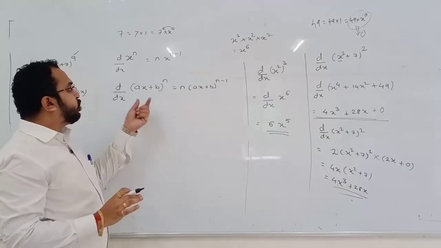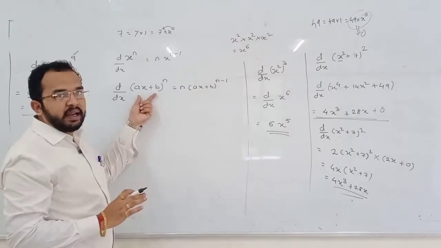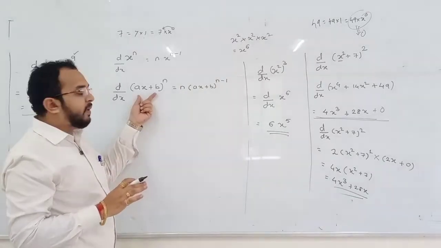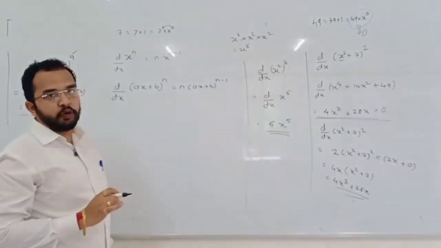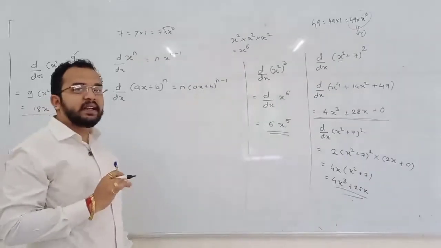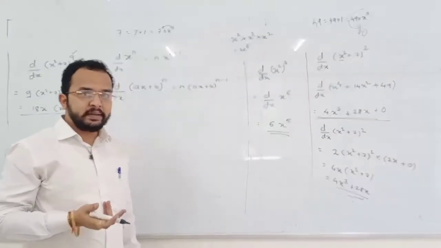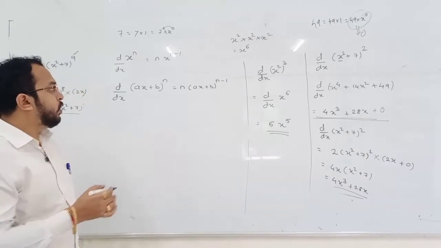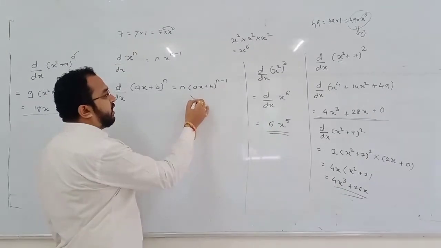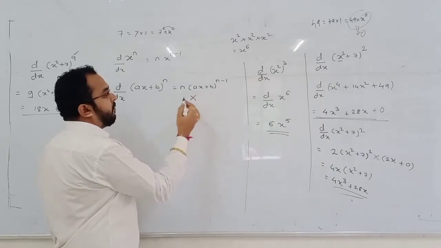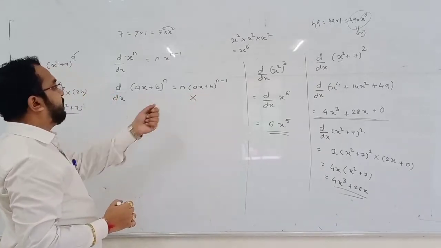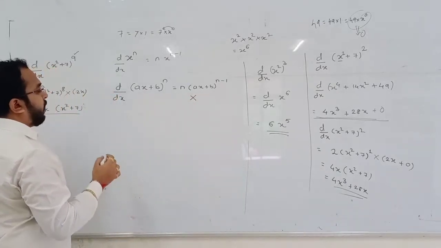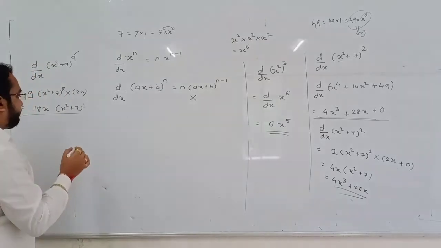This is by assuming whatever is inside the bracket as x. But whatever is inside the bracket is not x, it is ax plus b. So differentiate it again in the product. Multiply by the differentiation of ax plus b. What is the differentiation of ax?